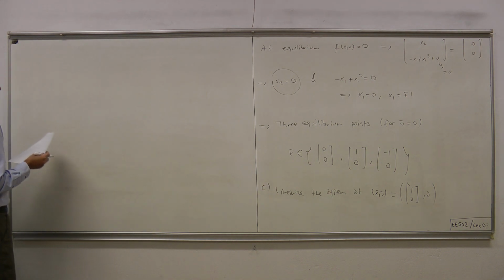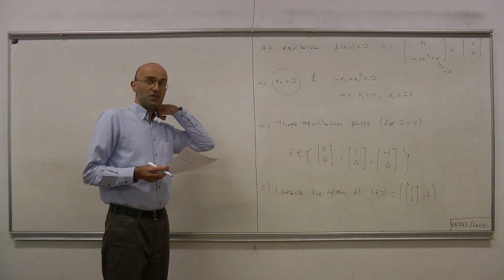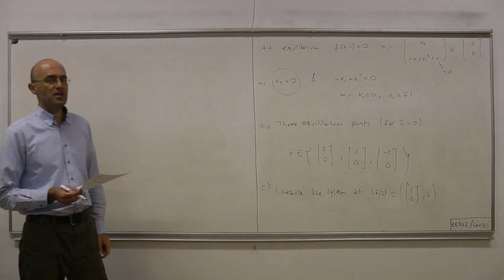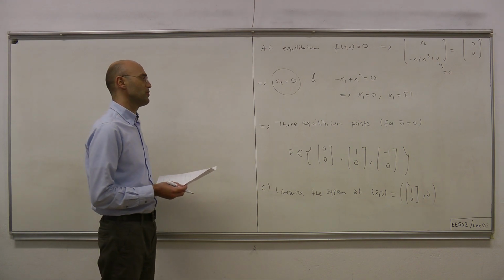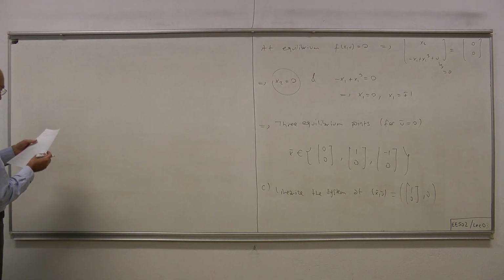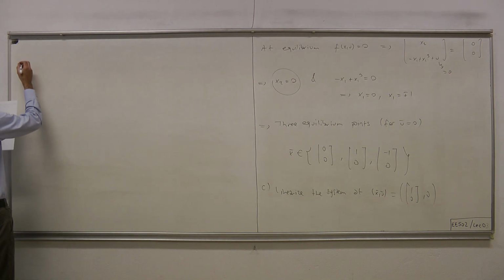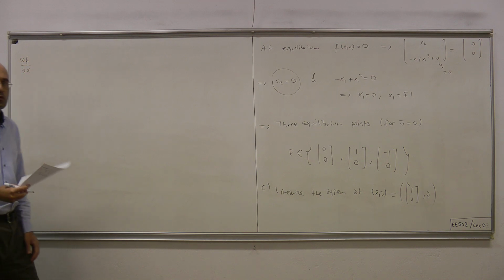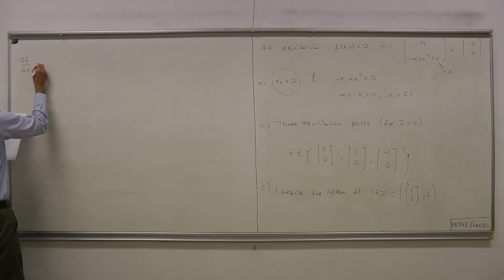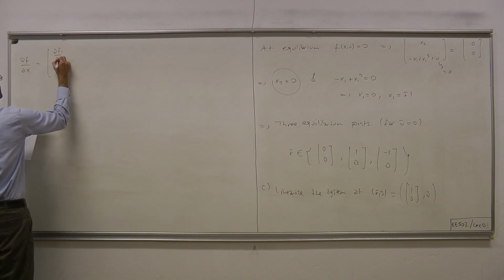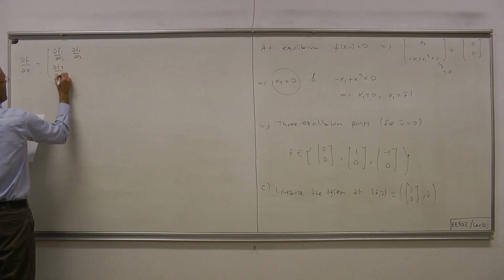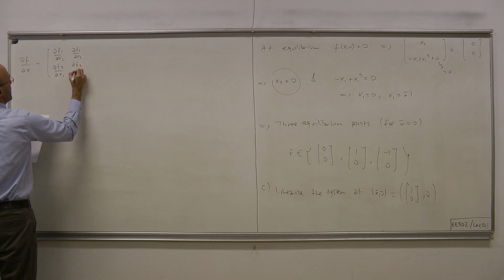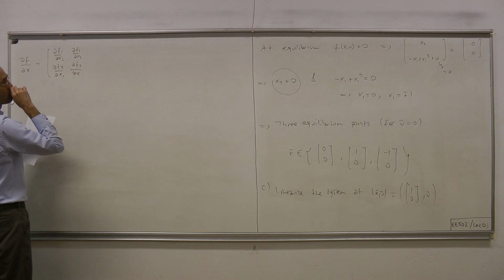Okay, for that we need the A, B, C, D matrices. Okay? The matrices that appear in our LTI system, in our linearization. And those matrices we obtain through the following partial differentiation. Okay. We have to compute this matrix, which is the partial derivatives with respect to x1 and x2.